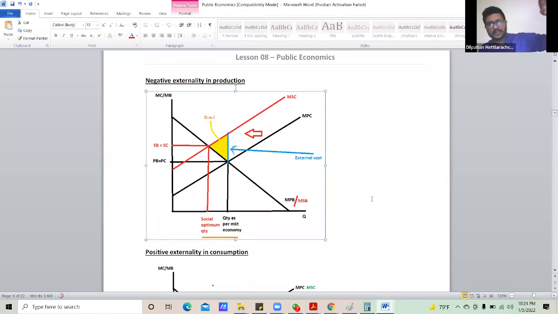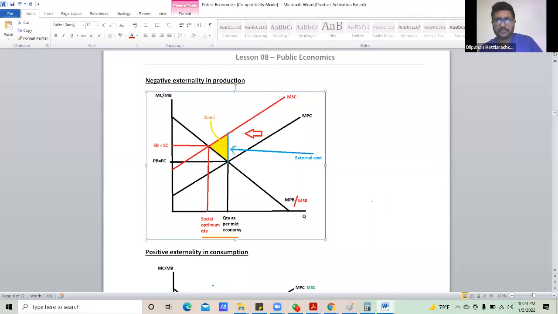You have a normal demand and then you have 2 supply curves, right? The black color one is the original supply curve and the black color demand curve. So basically, this black color demand curve and black color supply curve are considered the original market demand and original market supply.